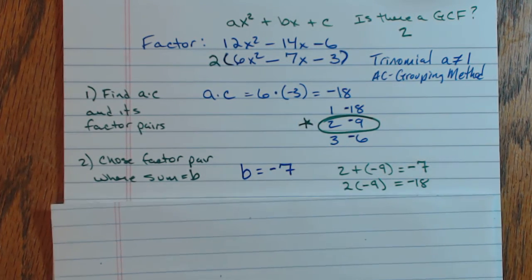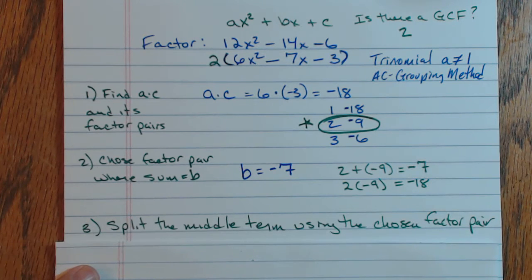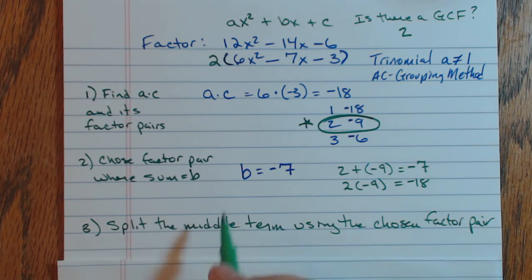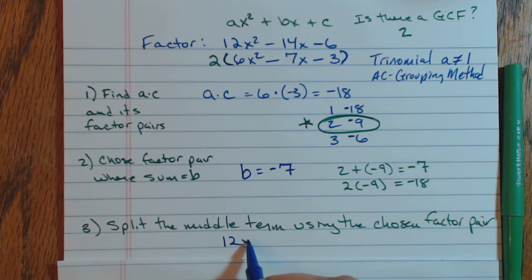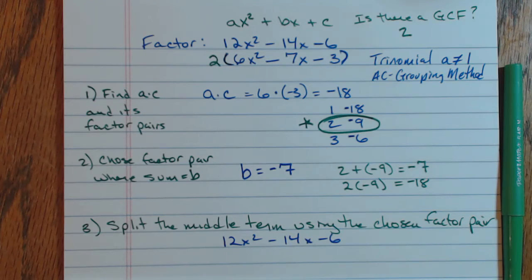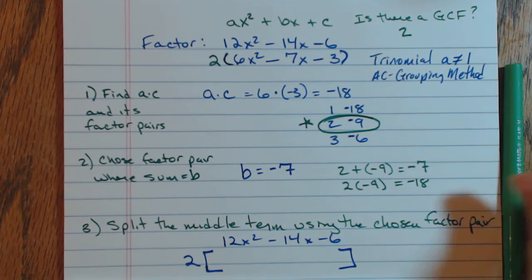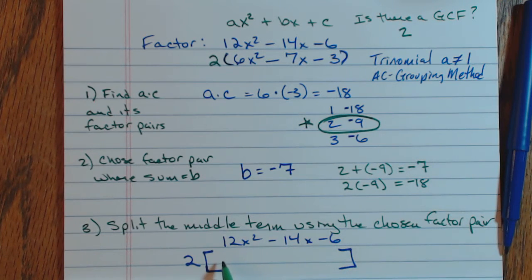So my next step is to split the middle term using the chosen factor pair. So let me just write where I started. I started with 12x squared minus 14x minus 6. I factored out a 2, and now I'm going to put a bracket to show what I still have left to be factored inside, which was the 6x squared minus 7x minus 3.